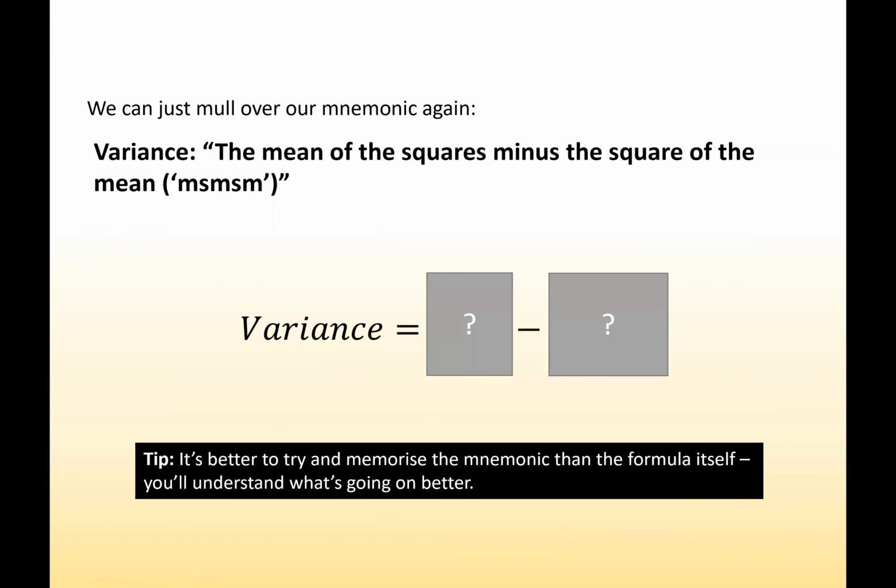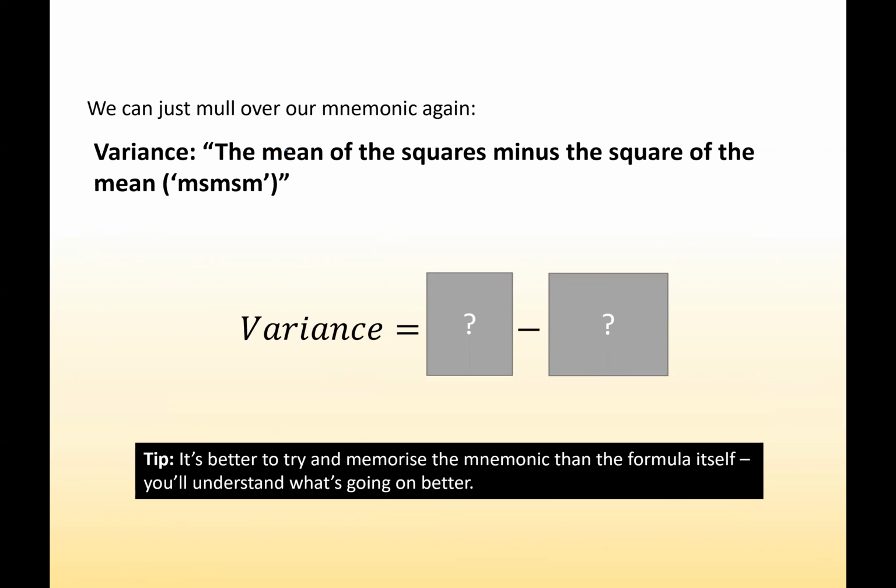So, as I say, this is really important that you can just remember this phrase: the mean of the squares, subtract the square of the mean. You don't have to worry about the numeric MSMSM. To be honest, for me, that would just confuse things.